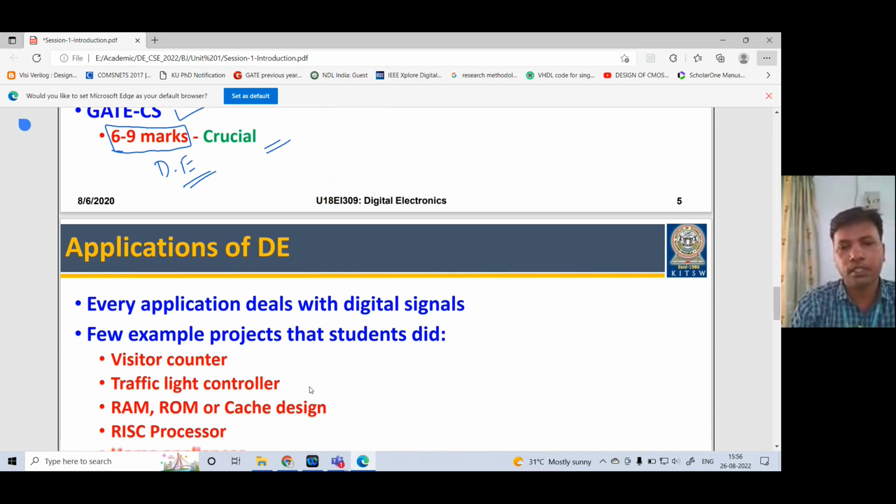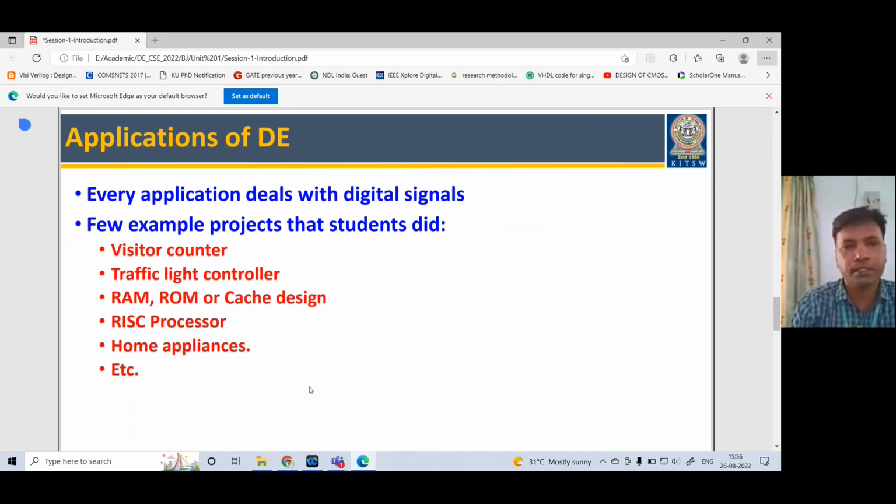The applications of digital electronics: so many applications are there, and most real world problems definitely require digital skills. The best example is a visitor counter for a library, a mall, or any tourist place. If you want to design a visitor counter, you definitely require digital electronics.